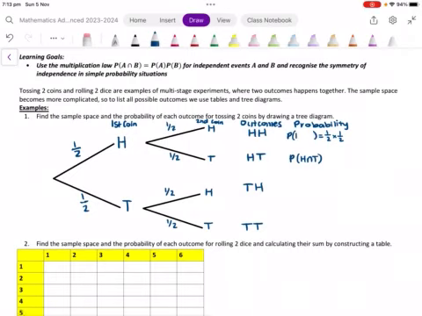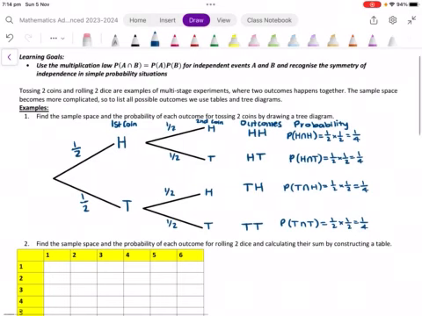So probability of a H and a tail is a half times a half also. So these are quarters. The probability of a tail and a head is a half times a half, which is also equal to a quarter, and the probability of a tail and a tail is equal to a half times a half, which equals 1/4.